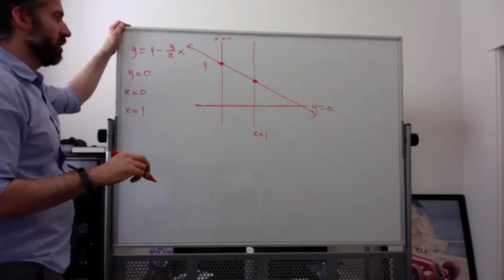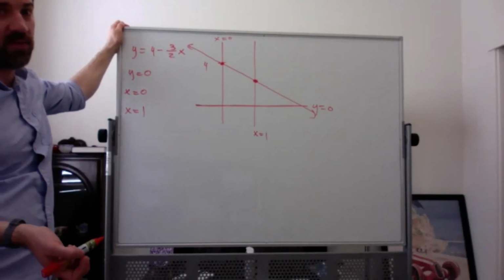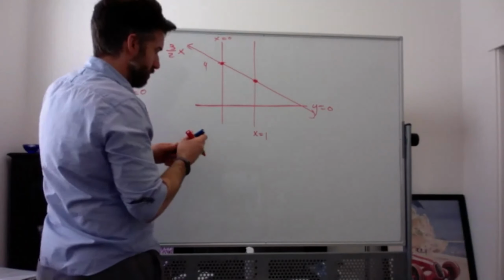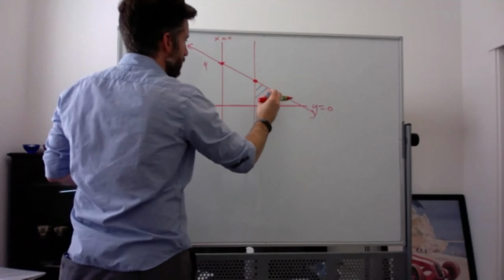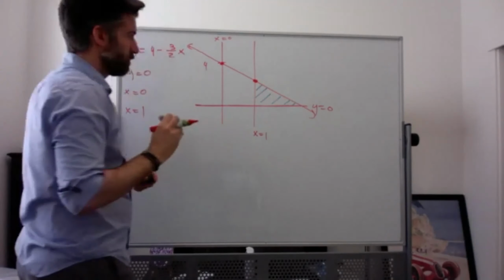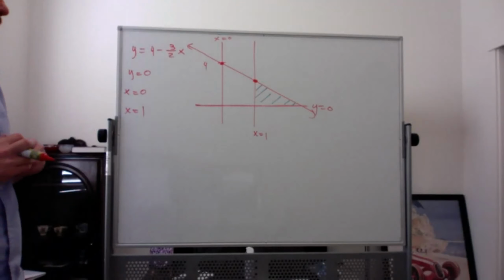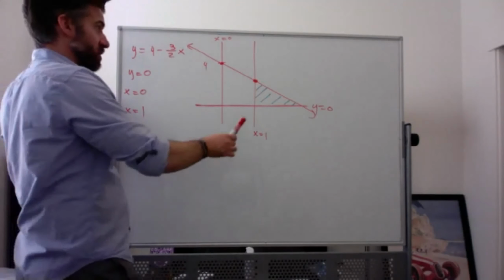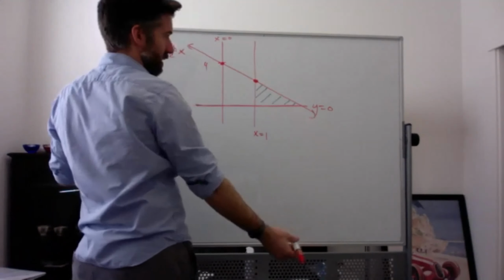When they're asking you to find a region, it can be a little bit misleading sometimes. If we weren't being super careful, we might incorrectly think that this was the region. It's bounded by functions we were talking about: x equals 1, y equals 0, and y equals 4 minus 3 halves x.